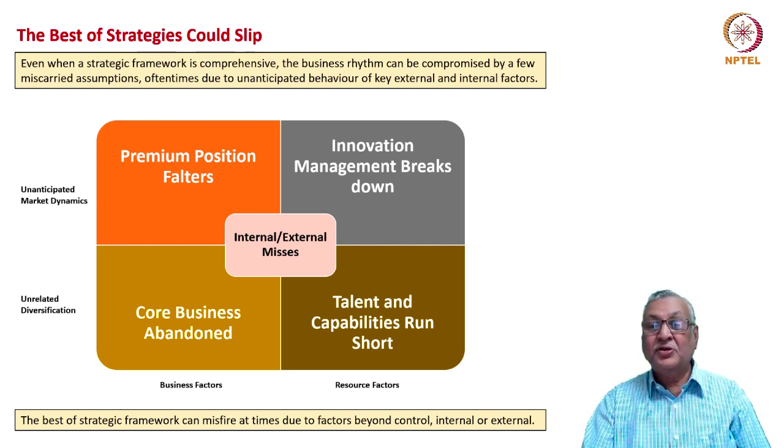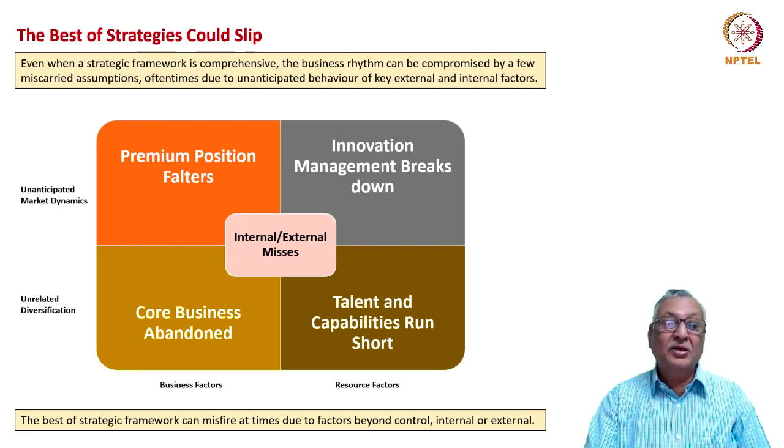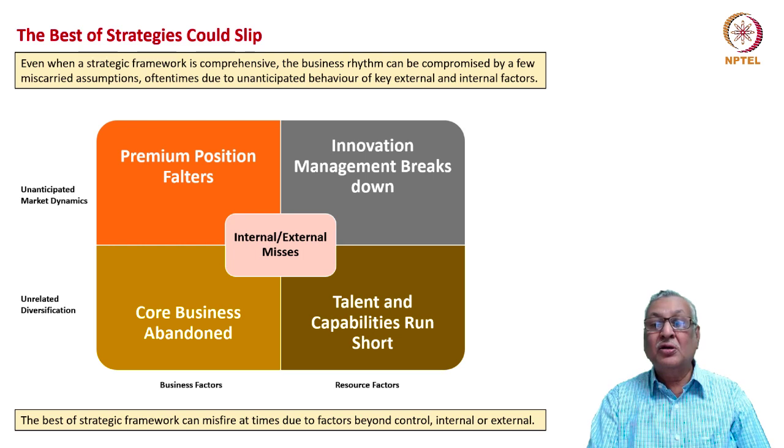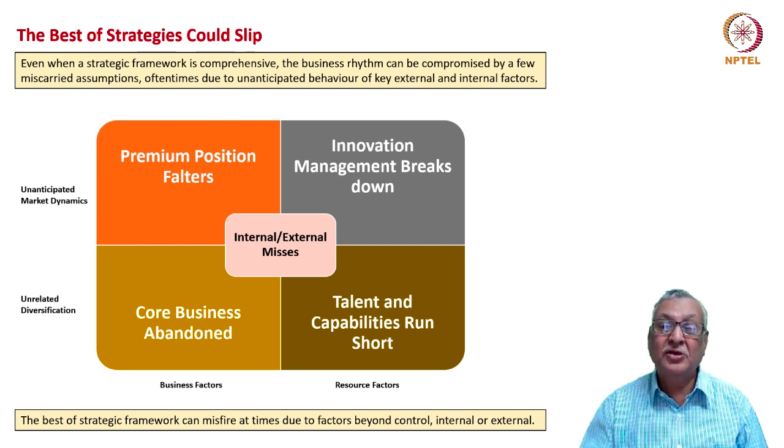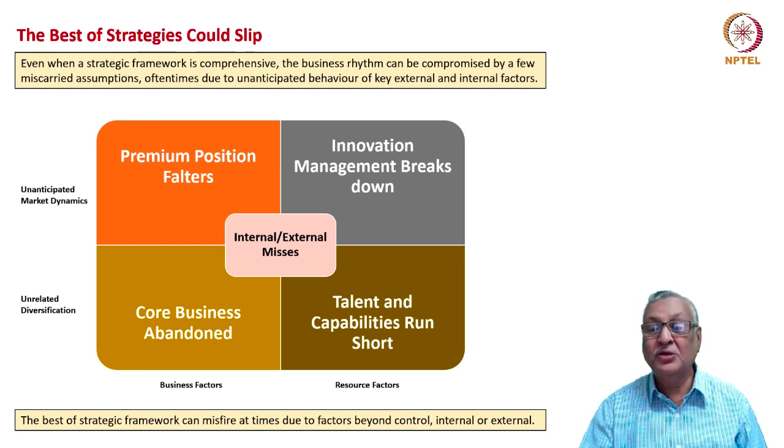The other one is where you have resource factors, but market dynamics are unanticipated. Then the regular business may go on, but management of innovation, which is futuristic resource deployment bets, could break down. We have seen in an earlier lecture how every company would need to follow a 3-horizon strategy of improvement, differentiation, and finally innovation.